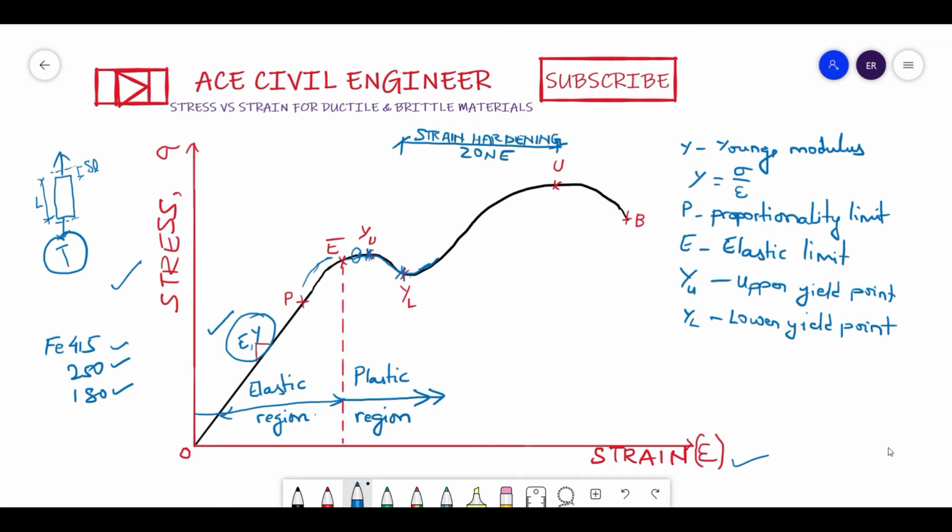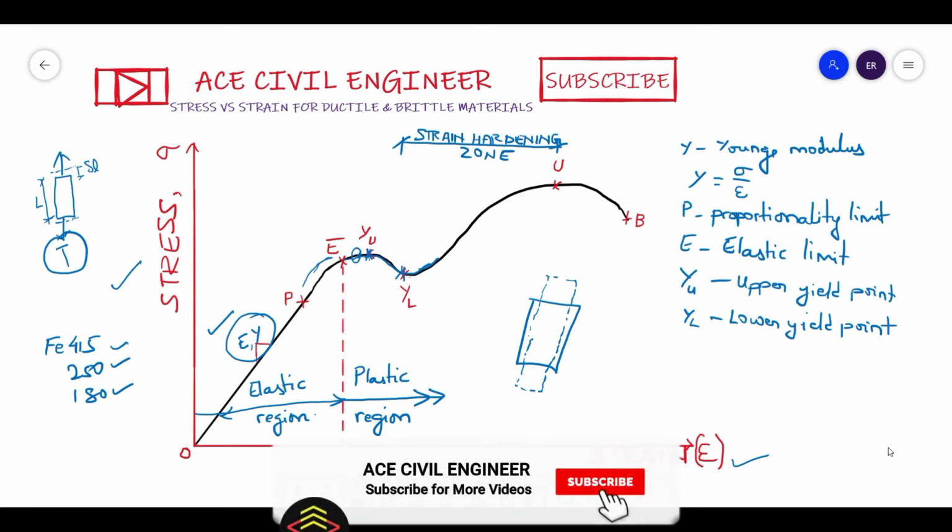So what does this strain hardening zone mean, friends? Strain hardening is nothing but, suppose initially my material was something like this. Now what happens at the atomic level? You will see some rearrangement of all the atoms, changing its shape permanently, something like this, so that all the atoms rearrange to increase its strength.